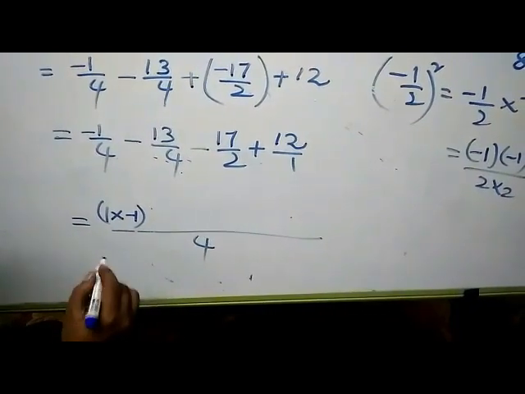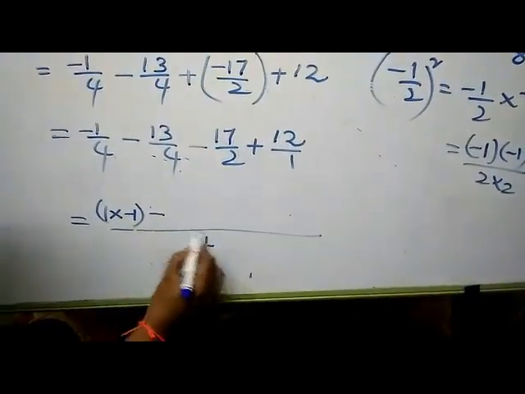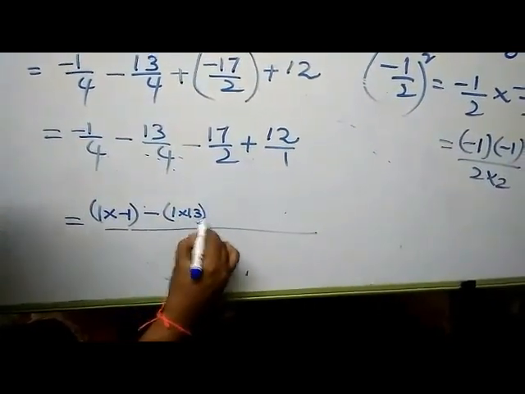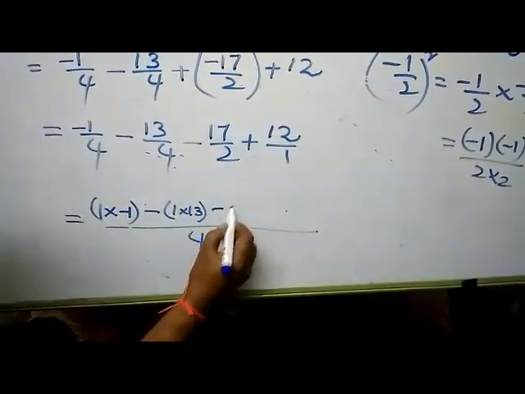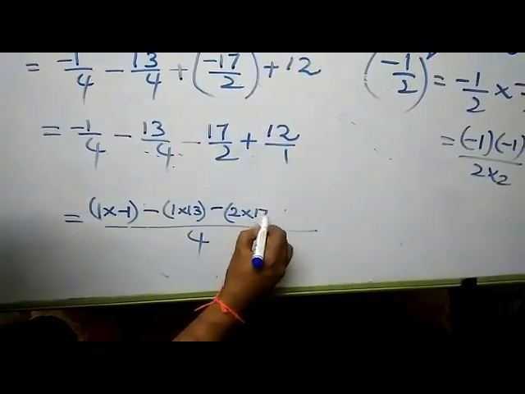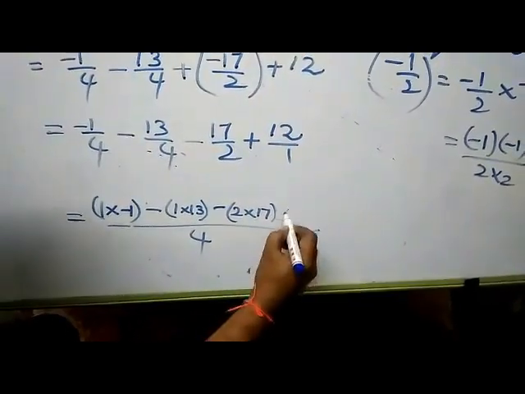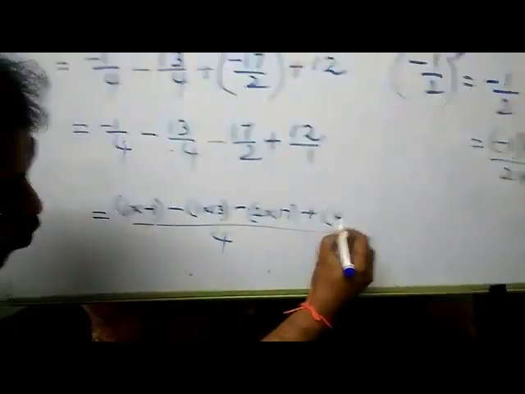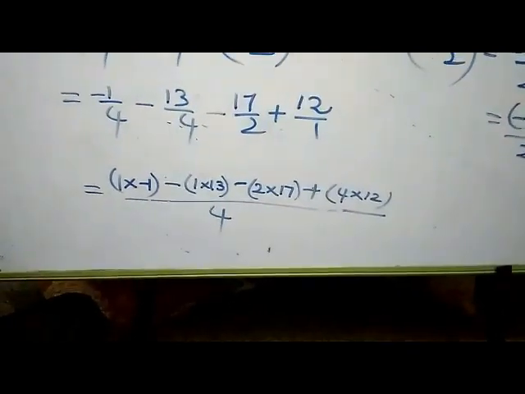Minus 4 by this 4 is equal to 1, 1 into 13. Minus 4 by 2 is equal to 2, 2 into 17. Plus 4 by 1 is equal to 4, 4 into 12.